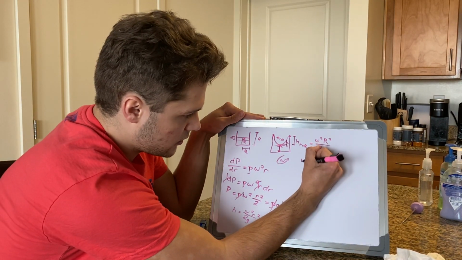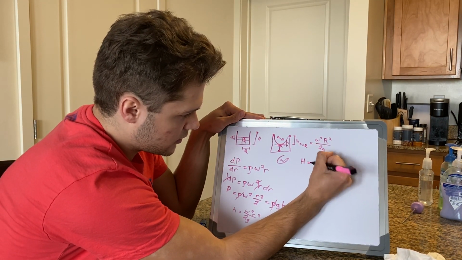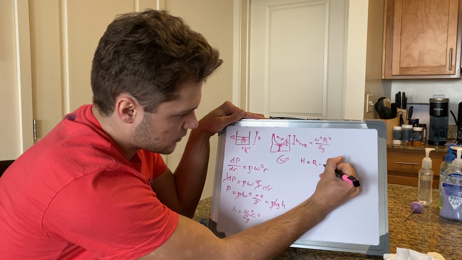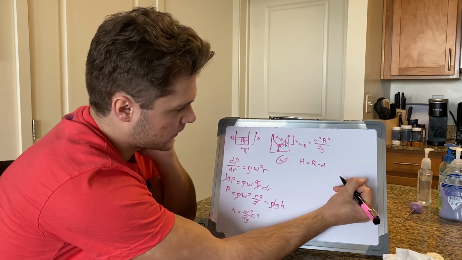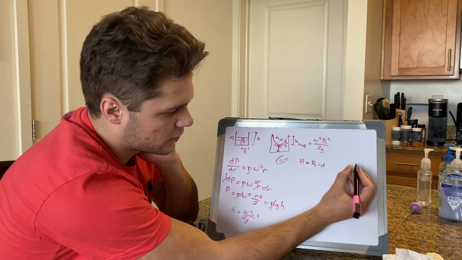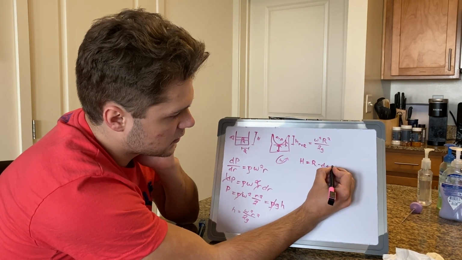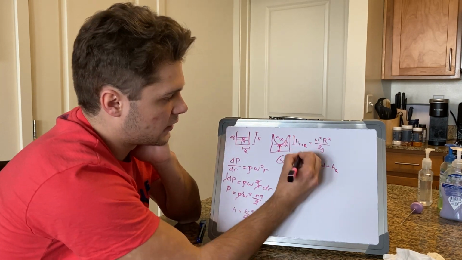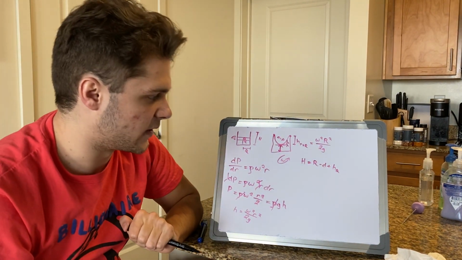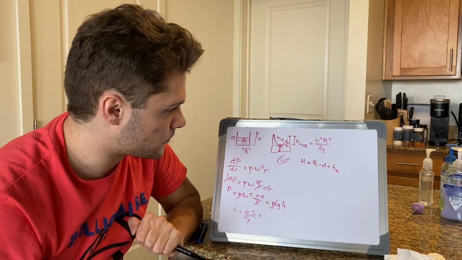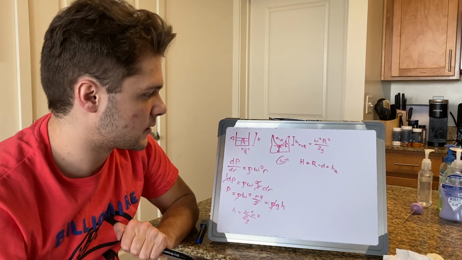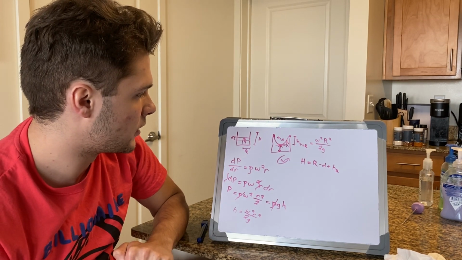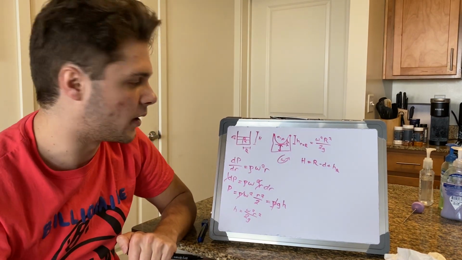So our height is going to equal our original height of our water minus the difference between our original and new, plus the height of our water compared to the bottom of the dip.